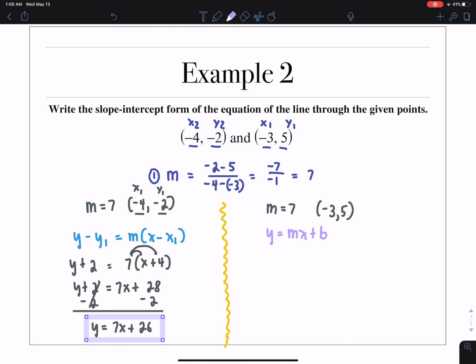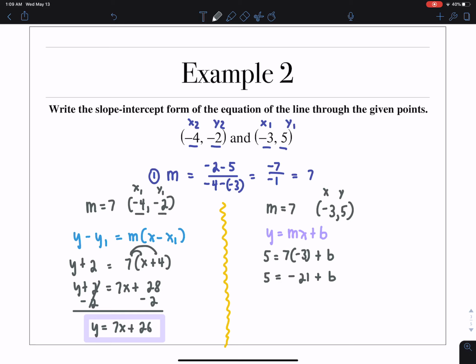And hopefully we get the same answer with the next one. So in this case, again, this is x and y, so we're going to sub in x, y, and m and figure out what b is equal to. So 5 is going to equal 7 times negative 3 plus b. So 5 equals negative 21 plus b.